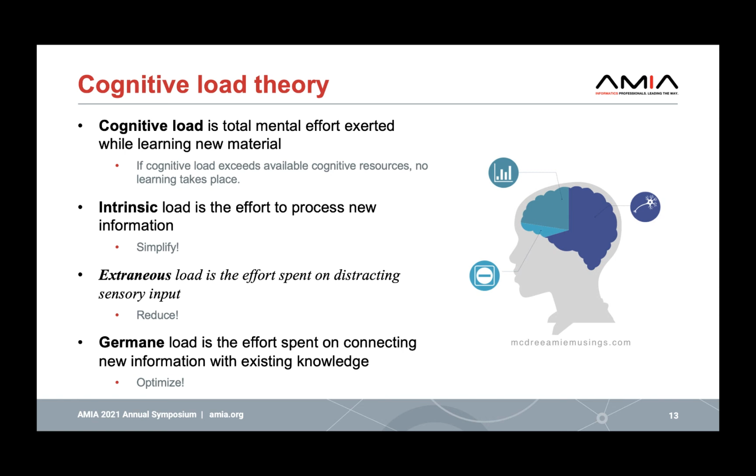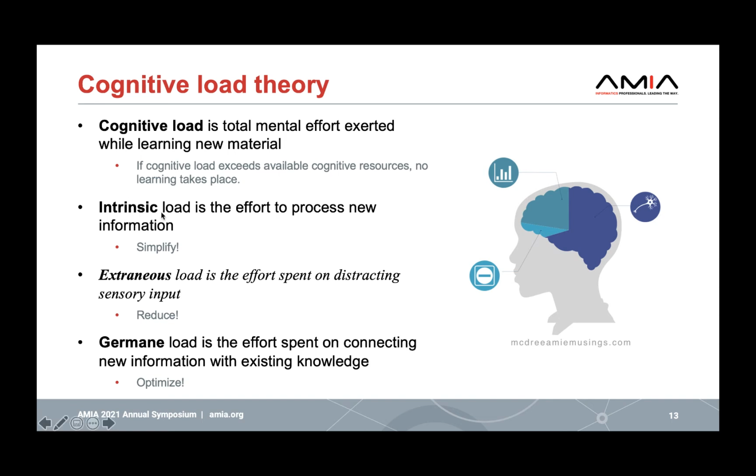But in cognitive load theory, a key idea is that cognitive load is the total mental effort required to learn new material, and it's composed of different types of load. If cognitive load exceeds available cognitive resources, no learning takes place. So the name of the game is to optimize cognitive load, and a good way to do this is by looking at 3 different types of load.